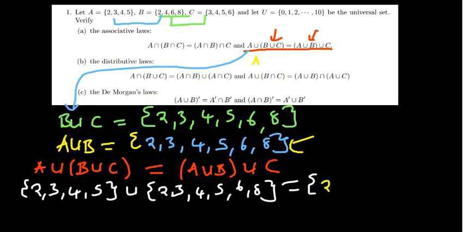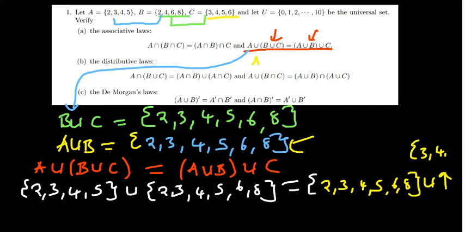So we have 2, 3, 4, 5, 6, 8. Now union C. C is what? 3, 4, 5, 6. I don't have enough space here.